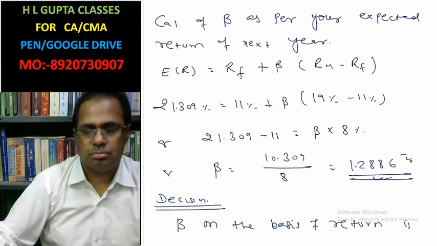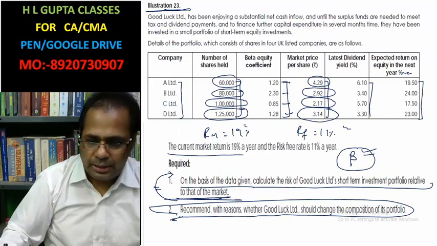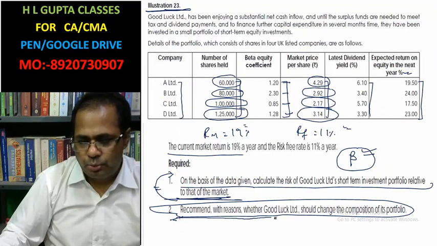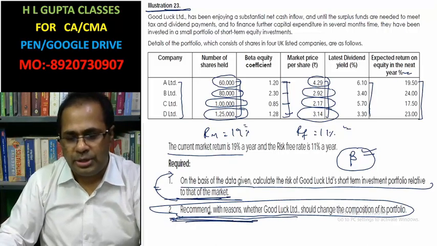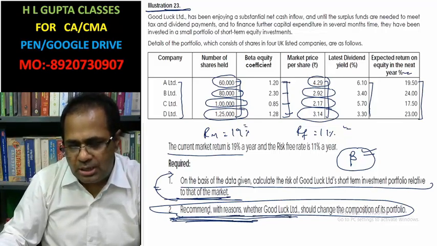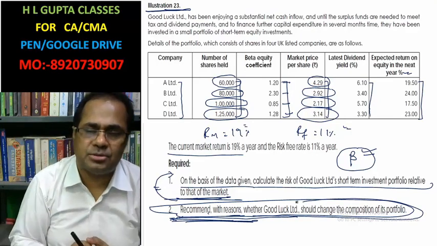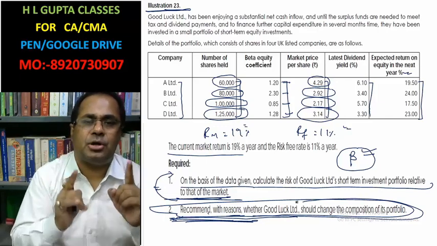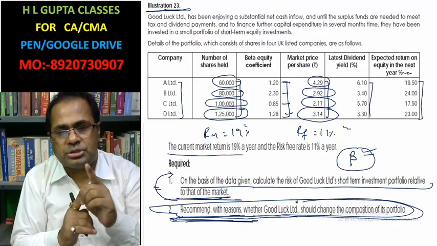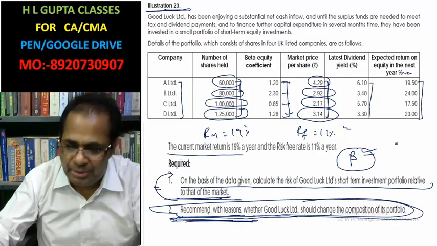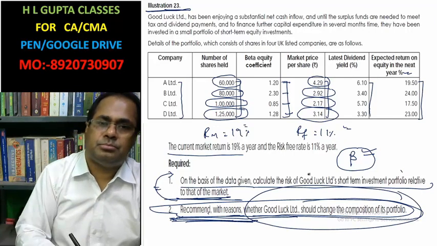Now the question is: recommend with reasons whether Good Luck Limited should change the composition of the portfolio or not. I reached the decision on the basis of the calculated beta.